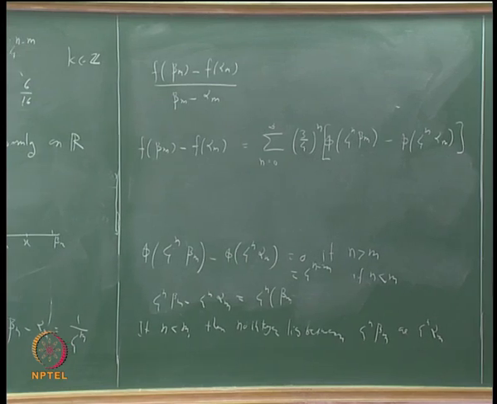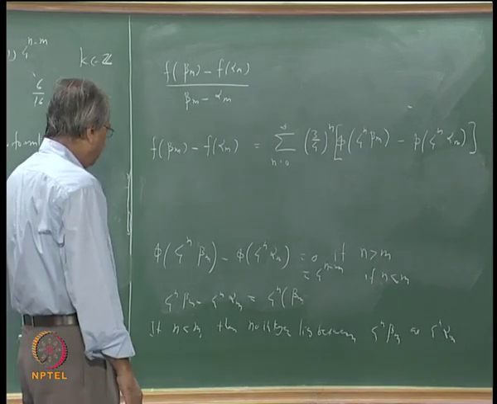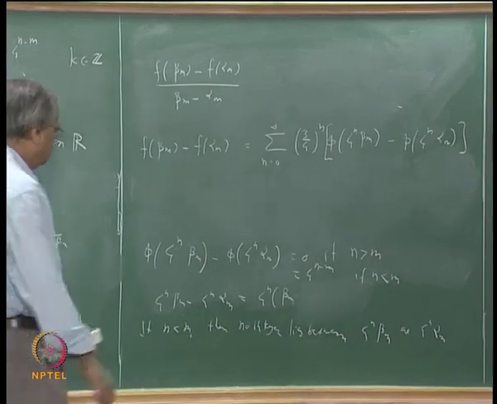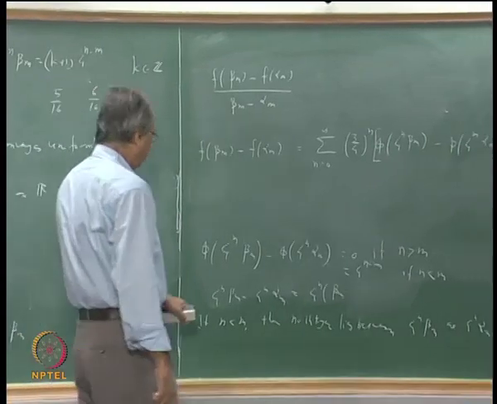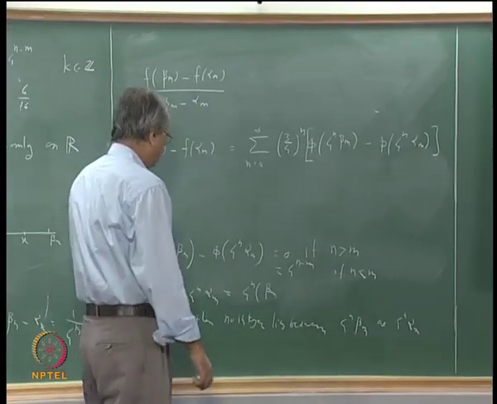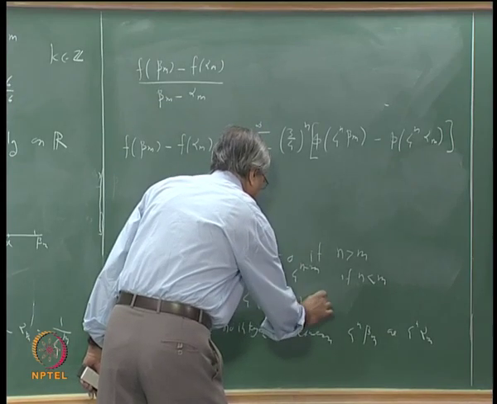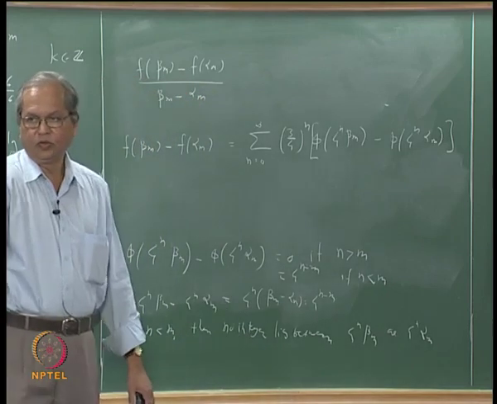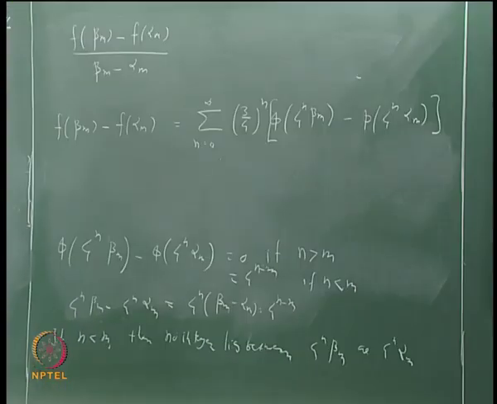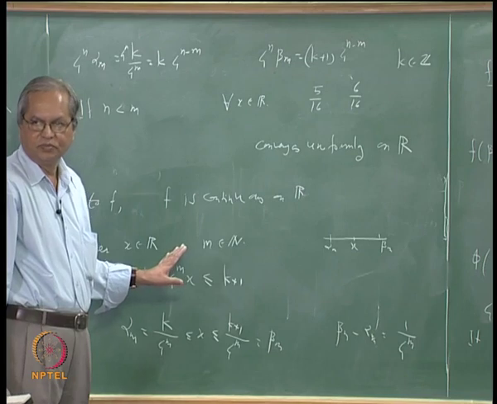What happens if n is equal to m? Then it is 4 to the power n minus m, that is 4 to the power 0. In that case alpha m is k and beta m is k plus 1.